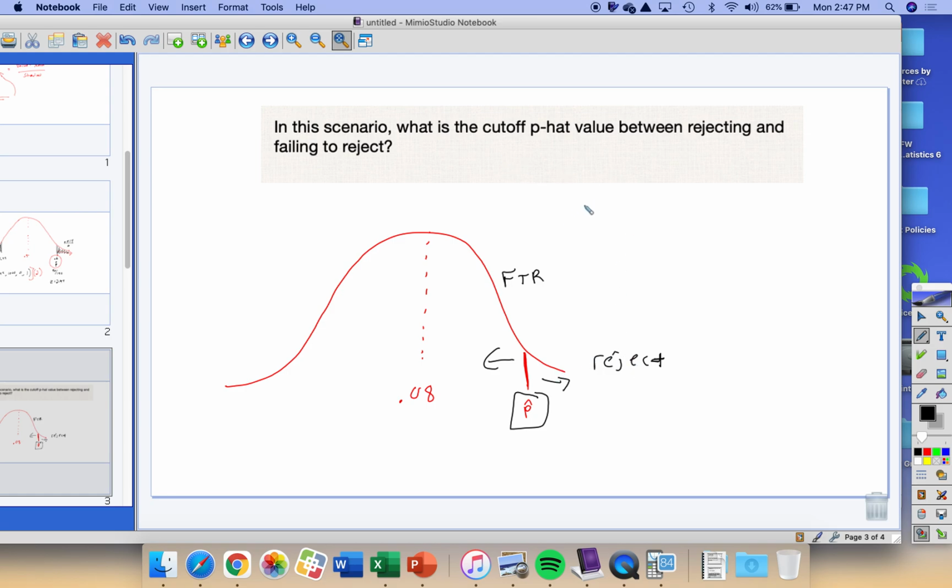Well, we know our alpha was 0.05, yeah? So that means that this area over here is 0.05.